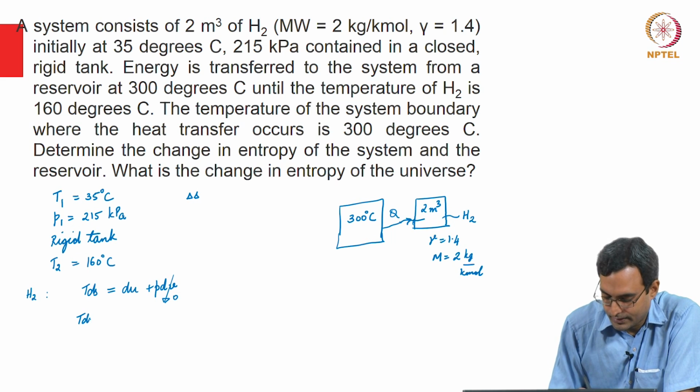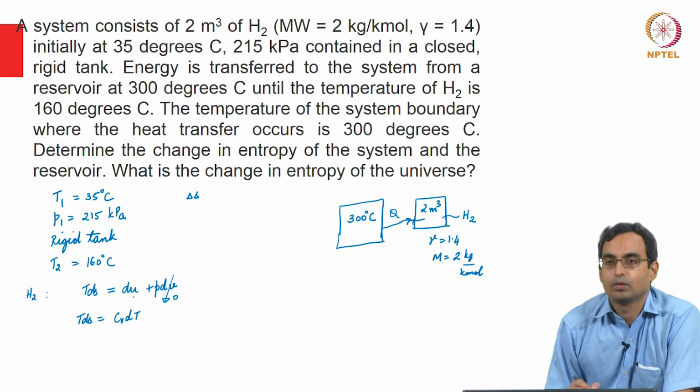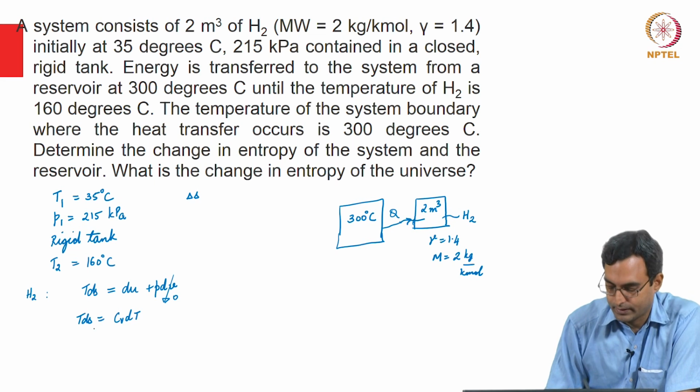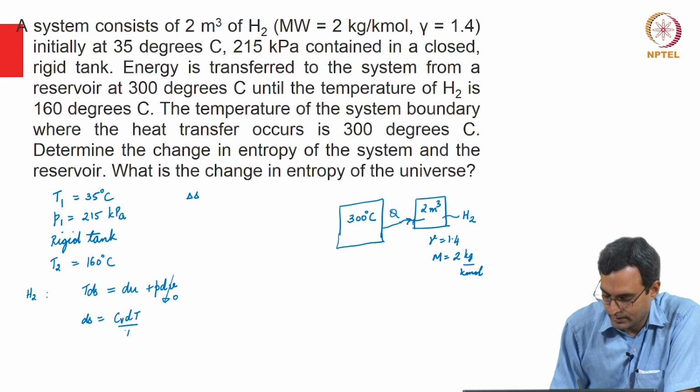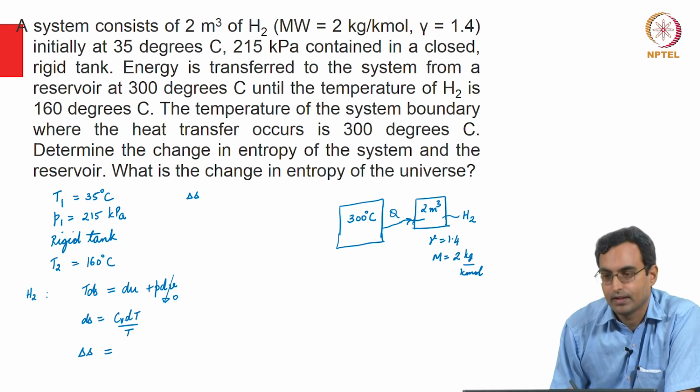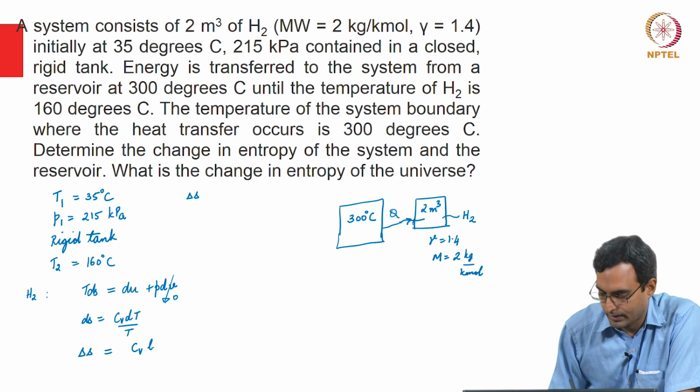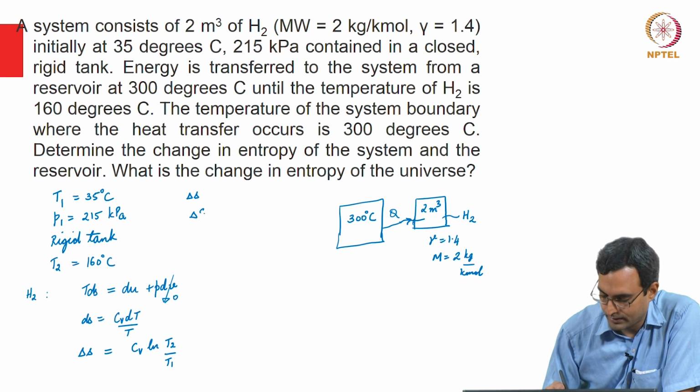So I can write TdS is equal to Cv dT because for an ideal gas dU is Cv dT. I am assuming that Cv is constant and I am going to integrate this. I take T to the other side. Now I can integrate. So I get delta s, if I assume Cv is constant, Cv ln T2 by T1, and delta capital S is m times Cv times ln T2 by T1.